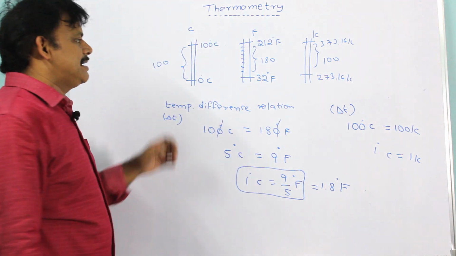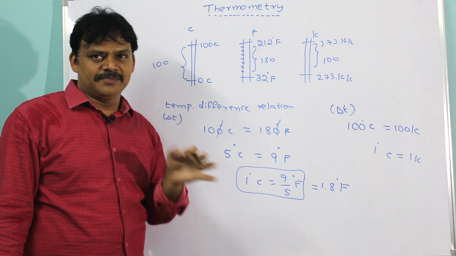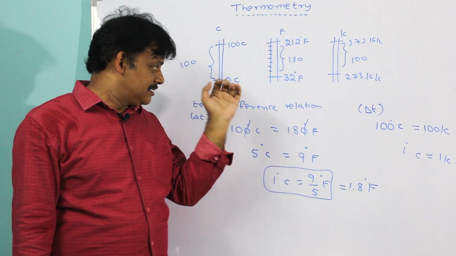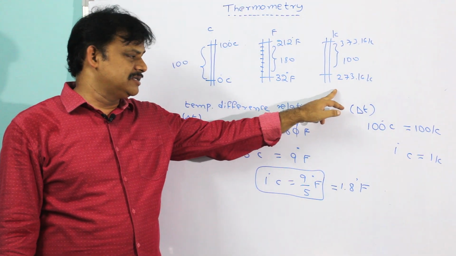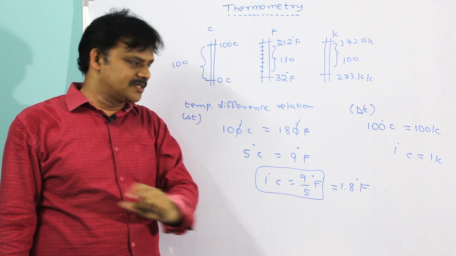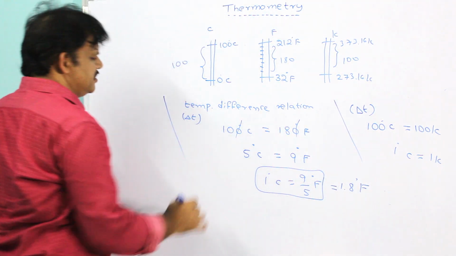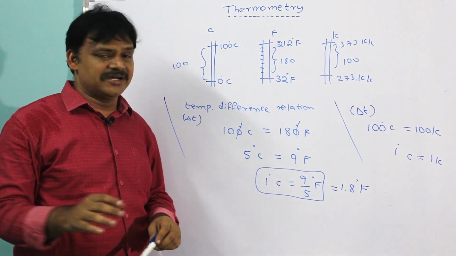What I can say is temperature rise or temperature fall in Celsius and Kelvin are both the same. Suppose temperature falls by 10 degrees Celsius, then what is the temperature fall in the Kelvin scale? Same, 10. So 10 degrees Celsius is equal to 10 Kelvin. Relation is same. Clear? In this way we can relate the temperature difference relations between different scales.